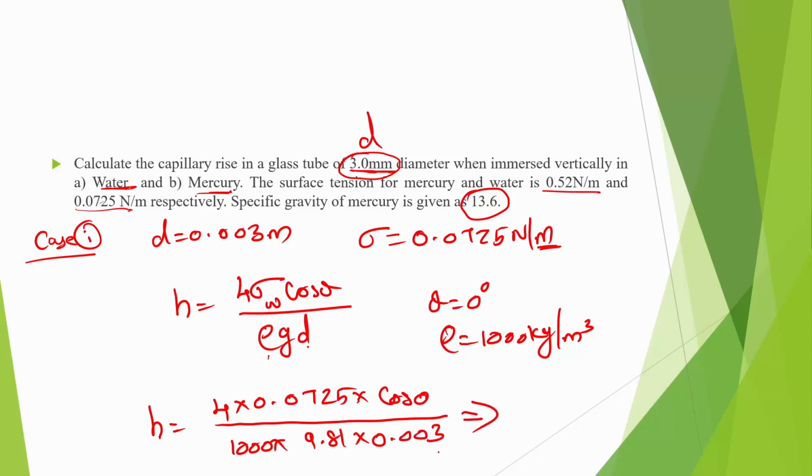If you use this to calculate, you'll end up with a value which I have already worked out, and I'm not going to do it here, as you can do it with the help of your calculator. The value you'll get is around 0.98 centimeter. The actual value is 9.8 into 10 power minus 3 meter, which is 9.8 mm. This is the answer for case 1, in the case of water.